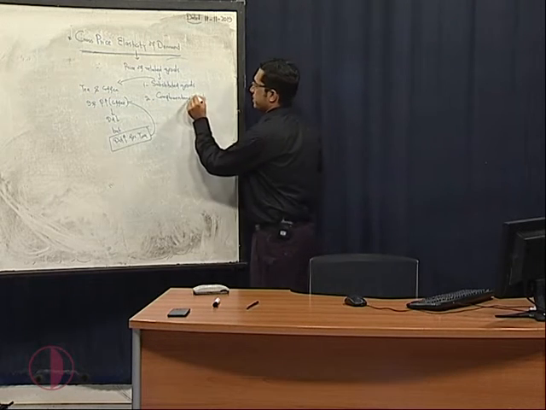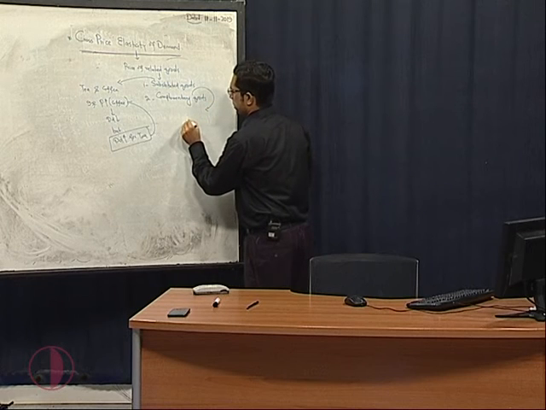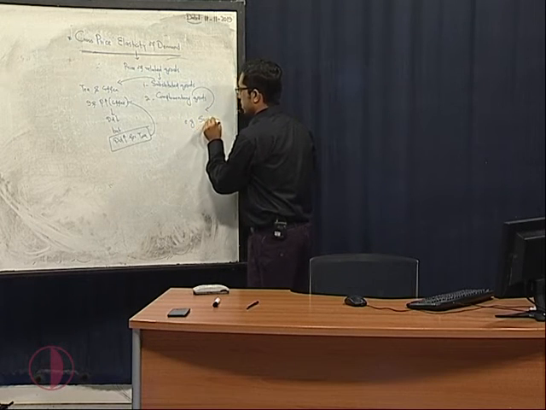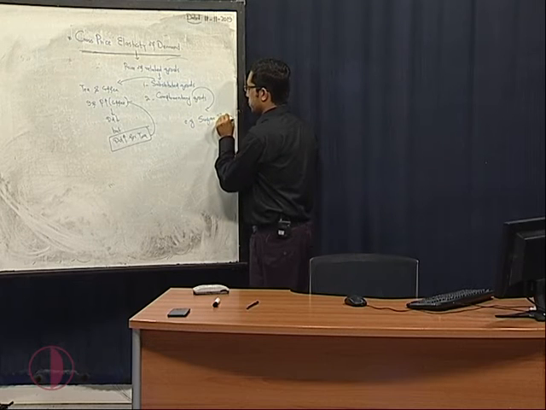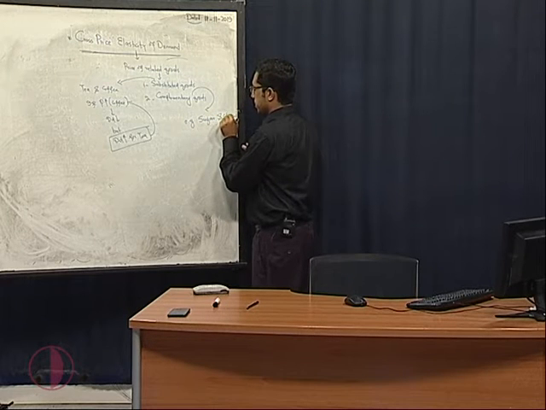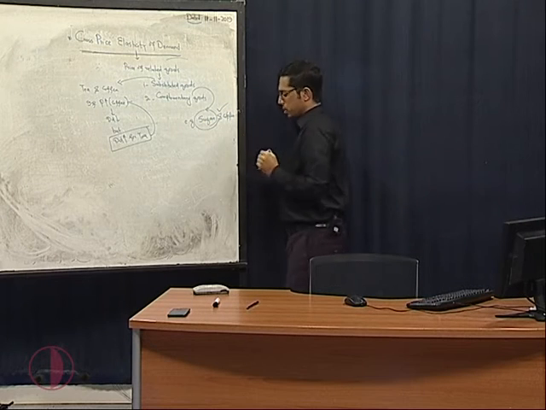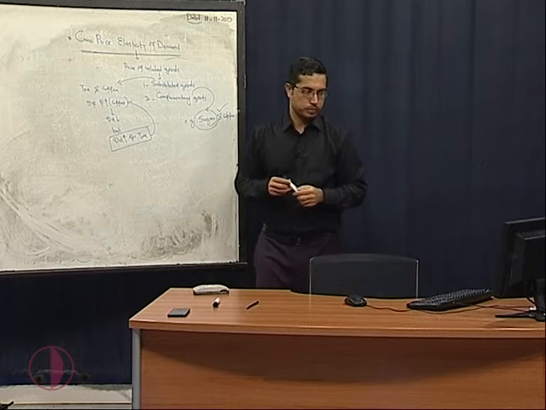Now look at the case of complementary goods. For example, sugar and coffee. Sugar is a complementary good for coffee.